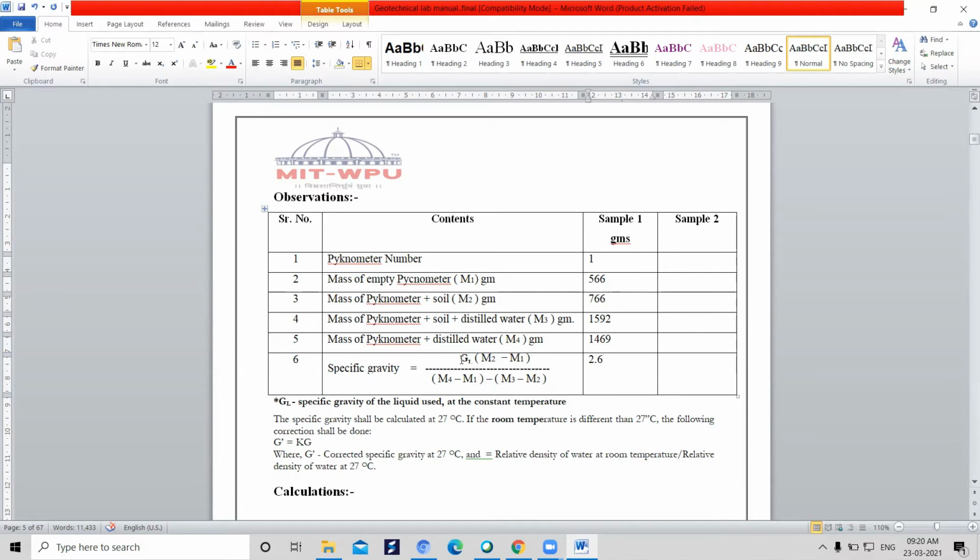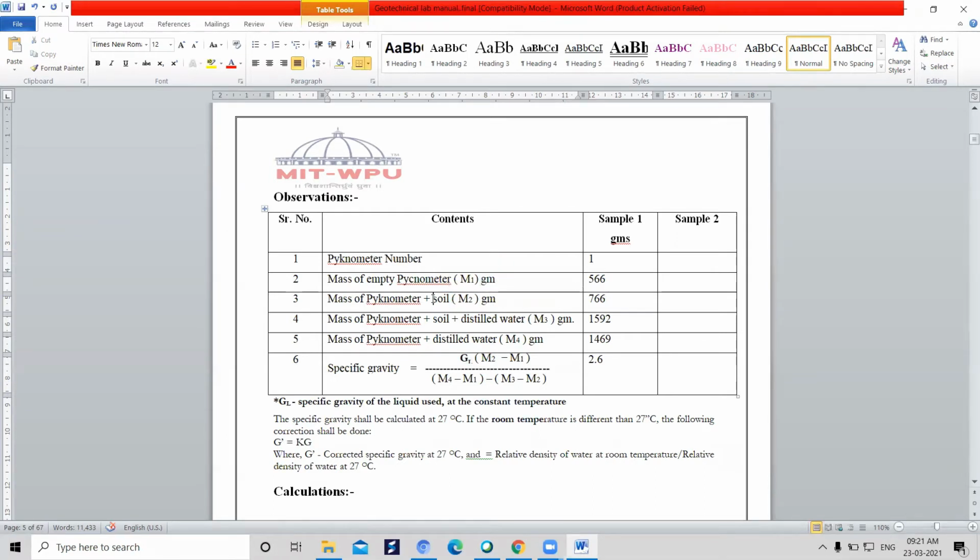Now the question arises, sir, what do you mean by this GL? Okay, this GL is nothing but the specific gravity of the liquid which we have used. We have a correction factor for this specific gravity. The soil sample which you have taken, I repeat, the soil sample which you are taking for experimentation, if it is very rich with mineral content of dissolved salts, then if you add the distilled water, it dissolves.